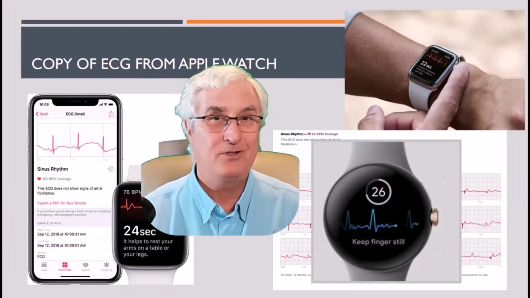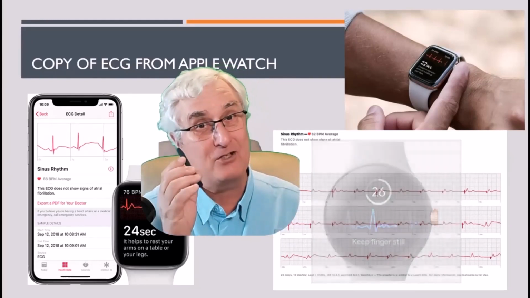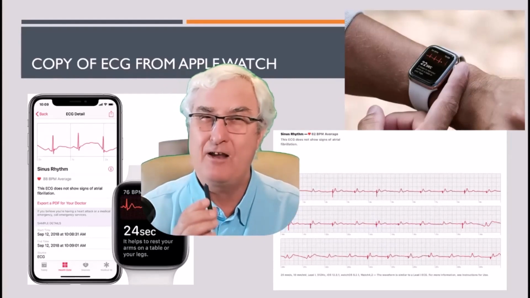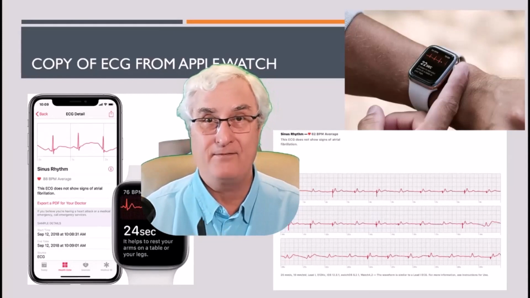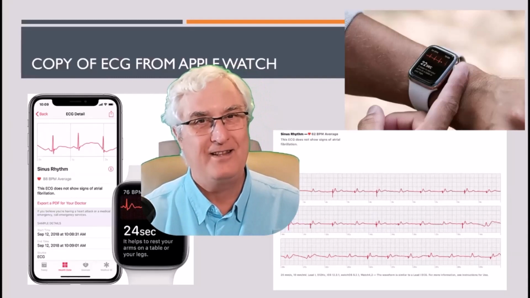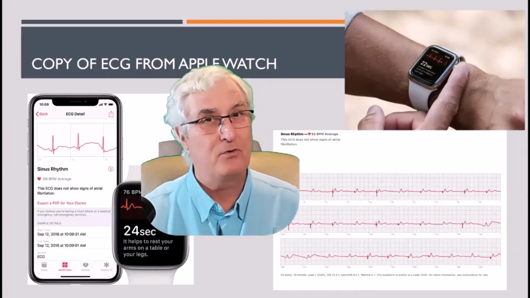So all these devices can do FDA cleared ECGs, because these are actually medical devices, but the only thing they do is tell you if you do or do not have atrial fibrillation. These don't do the same type of ECGs we do in the emergency department in the hospital. So that's important for you to know.